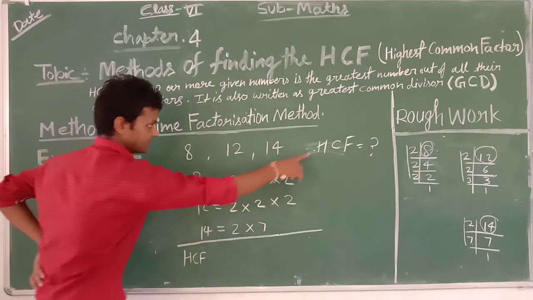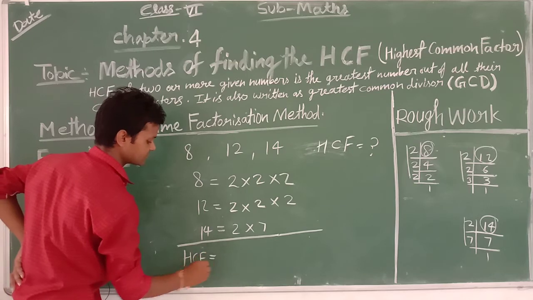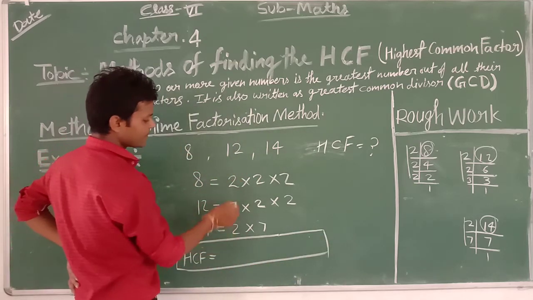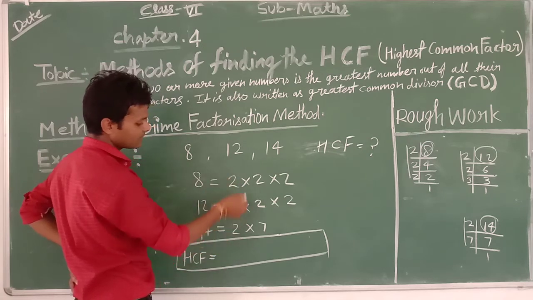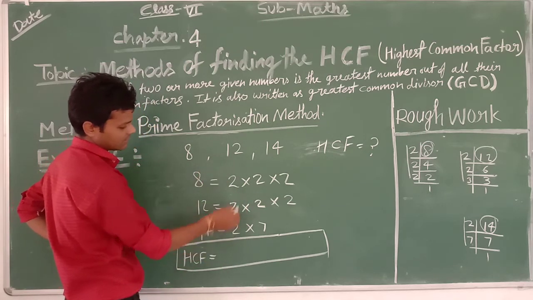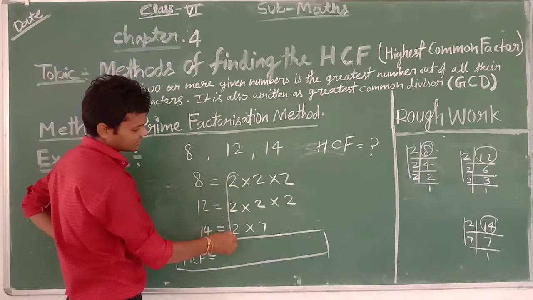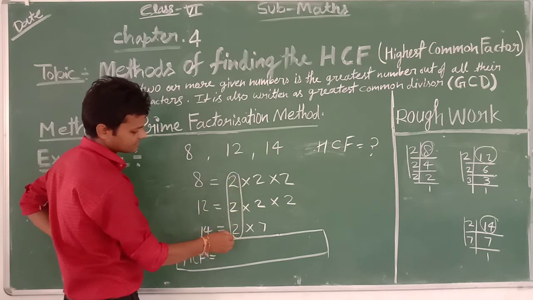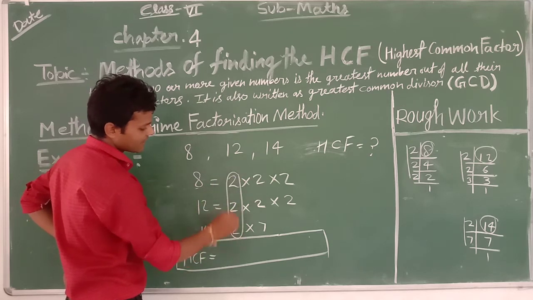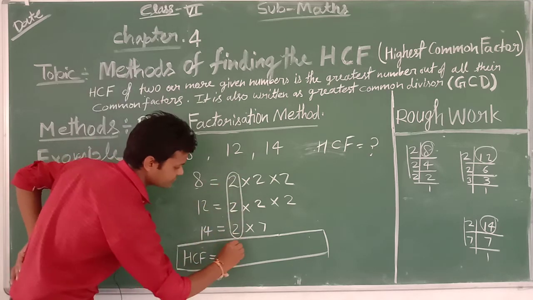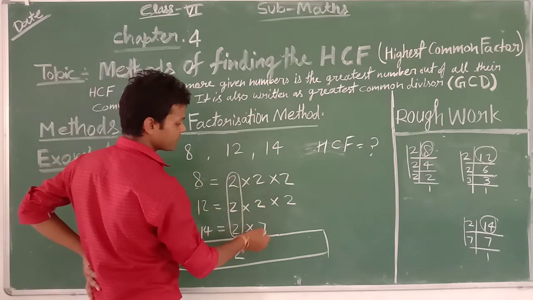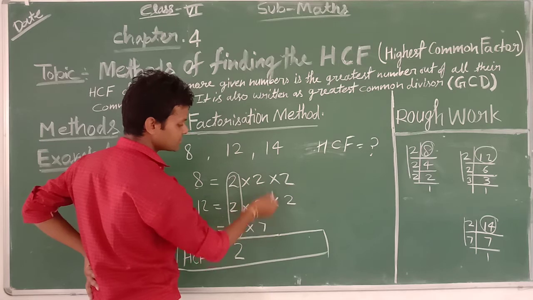HCF is equal to, and next you make the pair of similar numbers among all factors. Look here, 2 is a pair in 8, 12, 14. Look at this pair, you write here 2, and you want to make another pair.